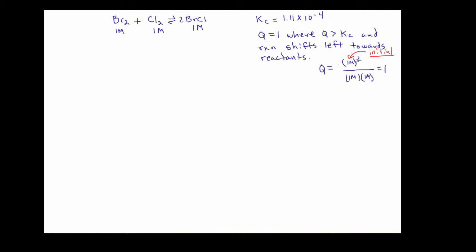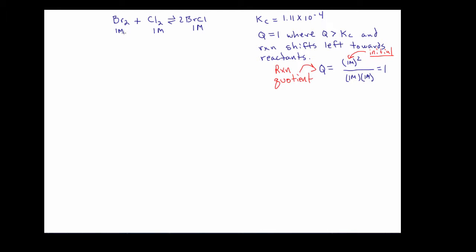So the Q literally is calculated exactly the way K is, but the difference is that in the case of the reaction quotient, and I should probably write that down here, the concentrations that we use to generate this ratio are non-equilibrium, and usually they're initial concentrations found or provided in the problem.